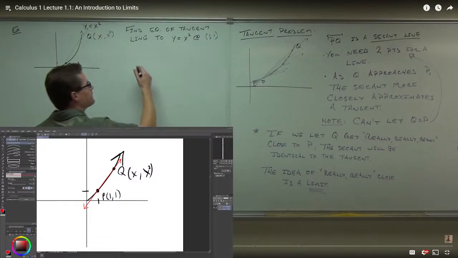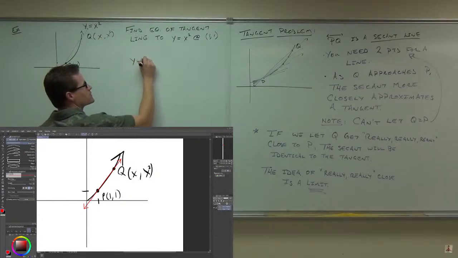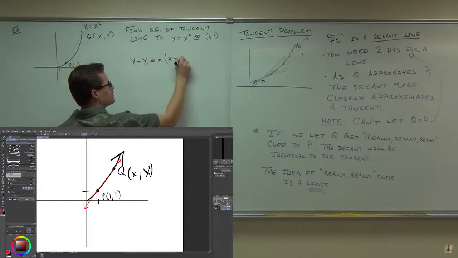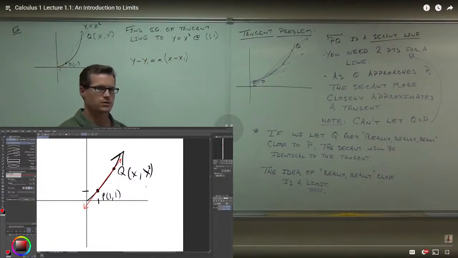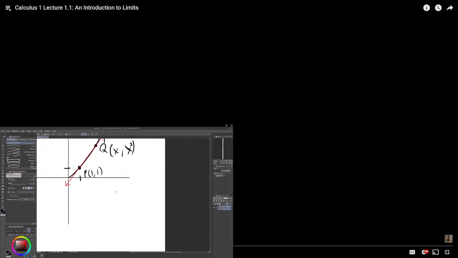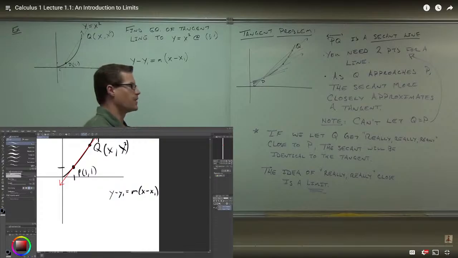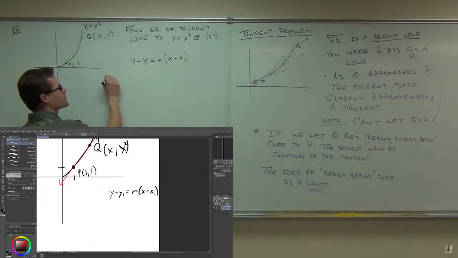Now, we know that the equation for a line is y minus y1 equals m times x minus x1, true? What we're trying to find is the equation for a tangent line.